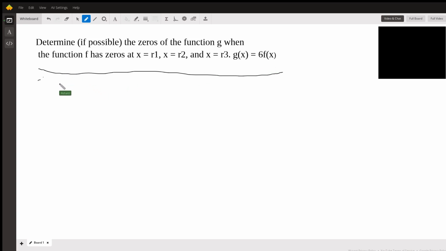So the key insight here is that g of x is equal to 6 times f of x. So another way, let's turn that around.